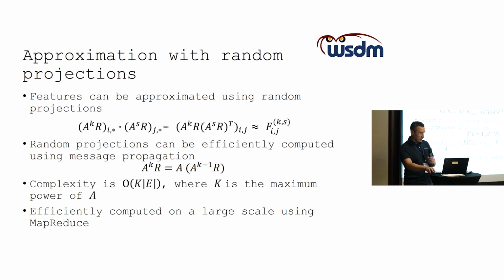Another attractive, well-known property of random projections is the efficiency, both in terms of computational complexity and scalability. Random projection computation can be seen as a message passing operation with sum aggregation, and that can be easily mapped to a MapReduce architecture.